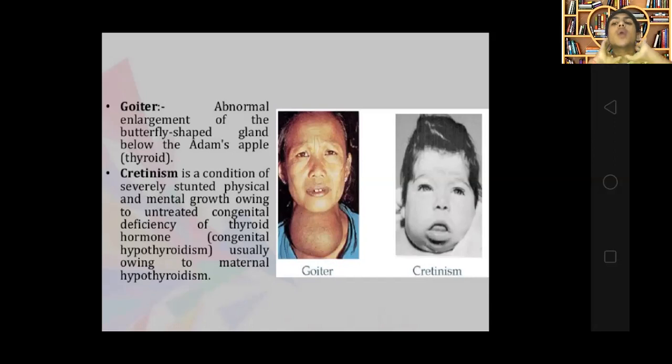Our neck has swollen here. Next, cretinism. It is a condition of severe stunted physical and mental growth owing to untreated deficiency of thyroid hormone, usually owing to maternal hypothyroidism. You can see in the diagram of a baby the second feature.